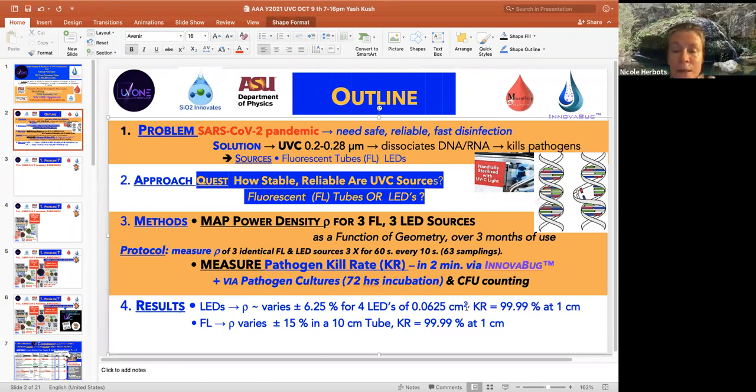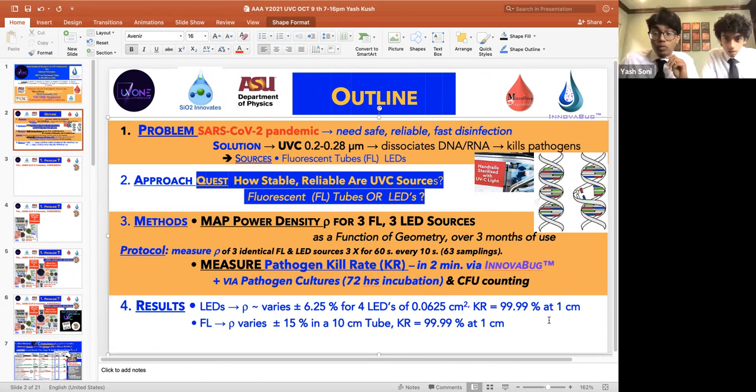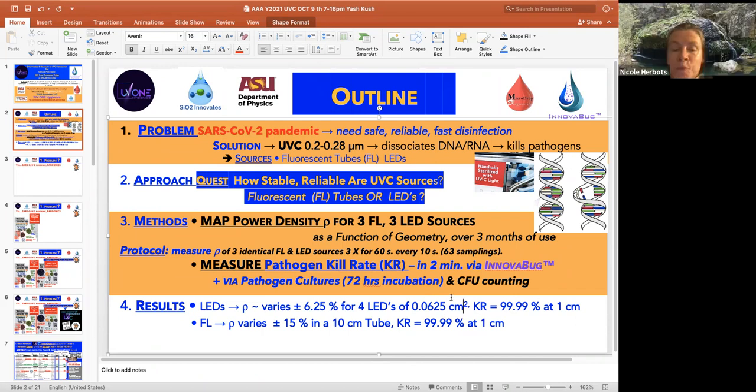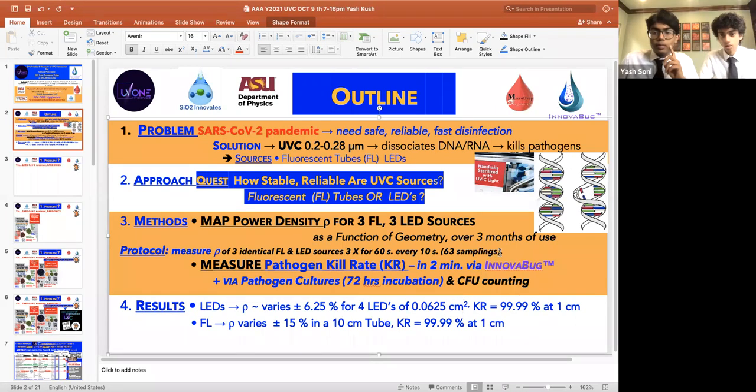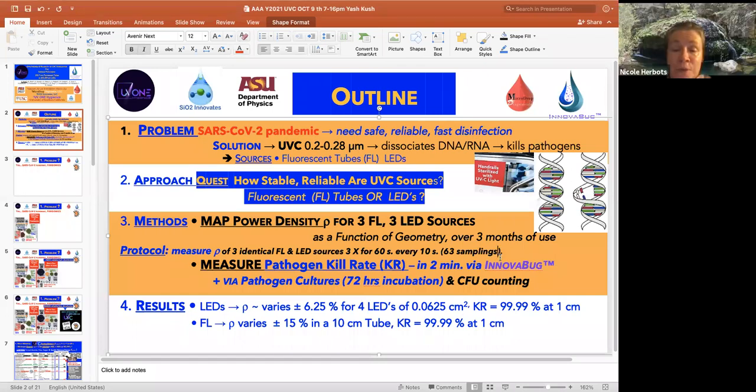And then here, the protocol measure rho of analytical LED, where we measured it every 2-3 days, because that's what we did for 3 months.